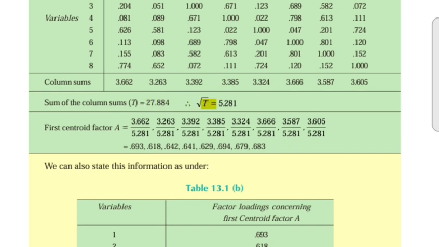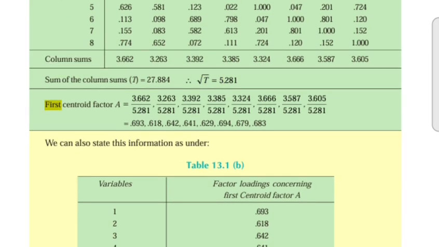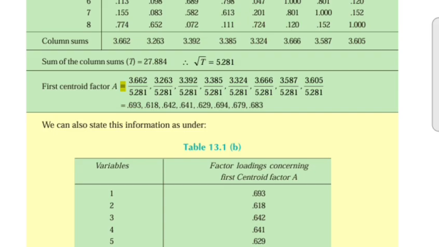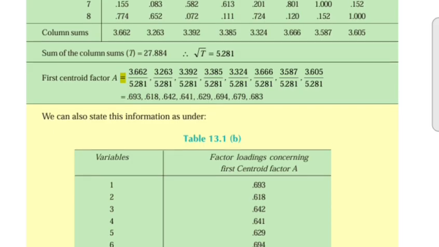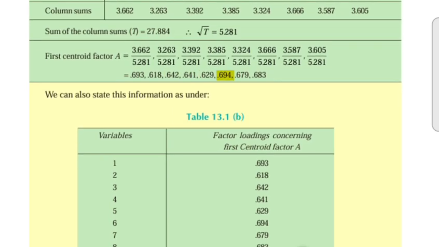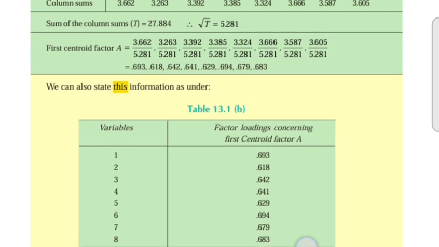Therefore the square root of T equals 5.281. First centroid factor A equals 3.662 over 5.281, 3.263 over 5.281, 3.392 over 5.281, 3.385 over 5.281, 3.324 over 5.281, 3.666 over 5.281, 3.587 over 5.281, 3.605 over 5.281, which equals 0.693, 0.618, 0.642, 0.641, 0.629, 0.694, 0.679, 0.683. We can also state this information as under.